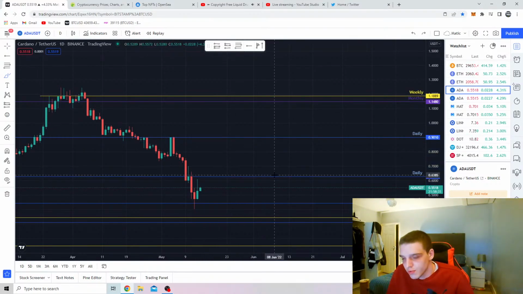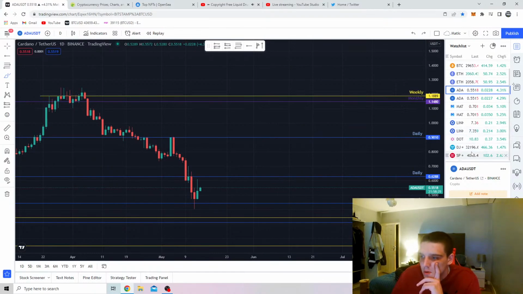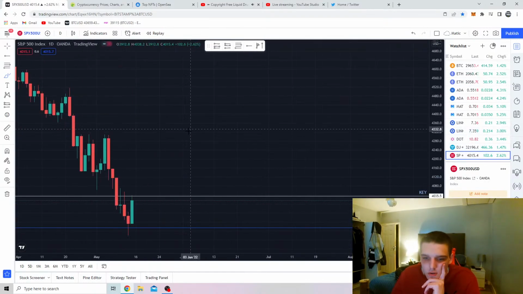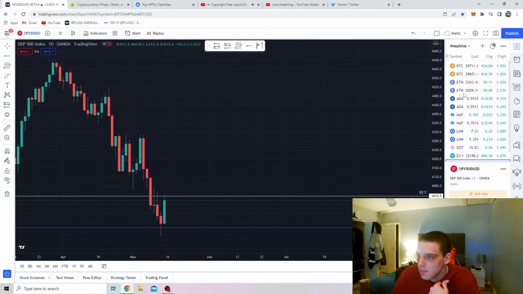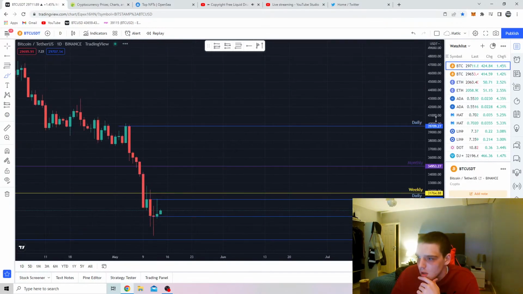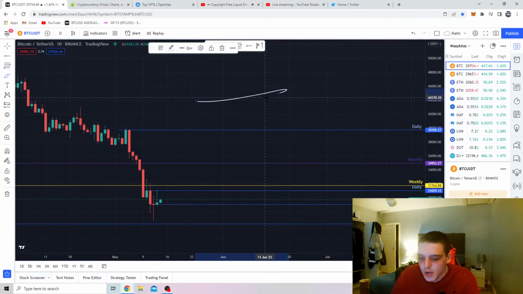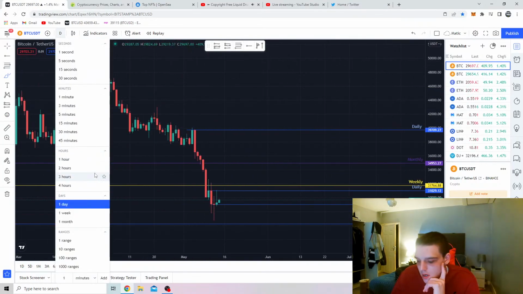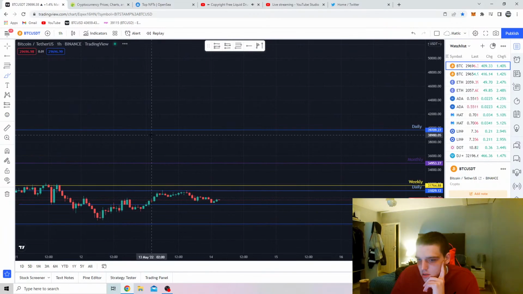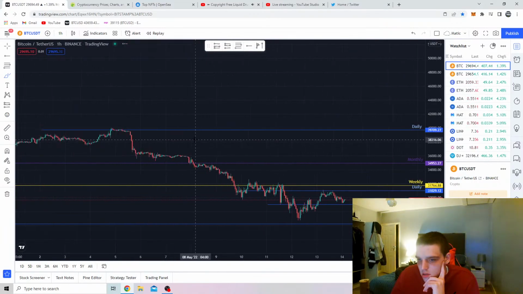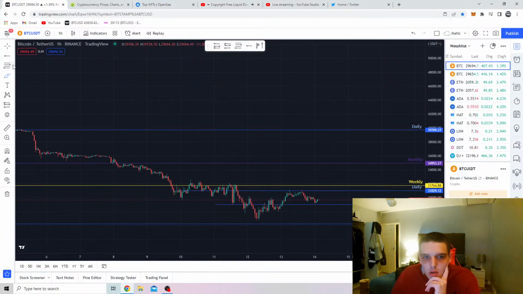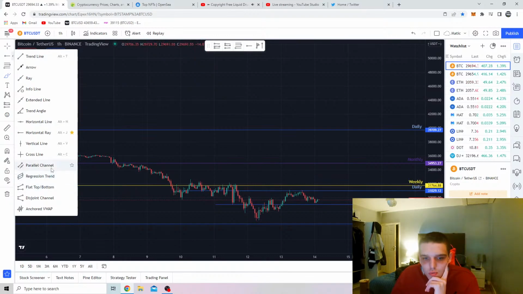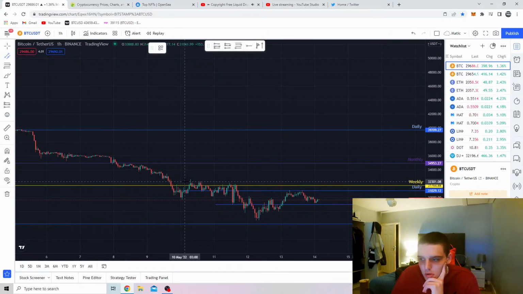But again, Bitcoin's obviously the market mover, as well as the S&P 500, etc. So these are the important things we have to put together. Or obviously, if we don't end up breaking that level, what could end up happening is we could end up forming a potential range, for example.